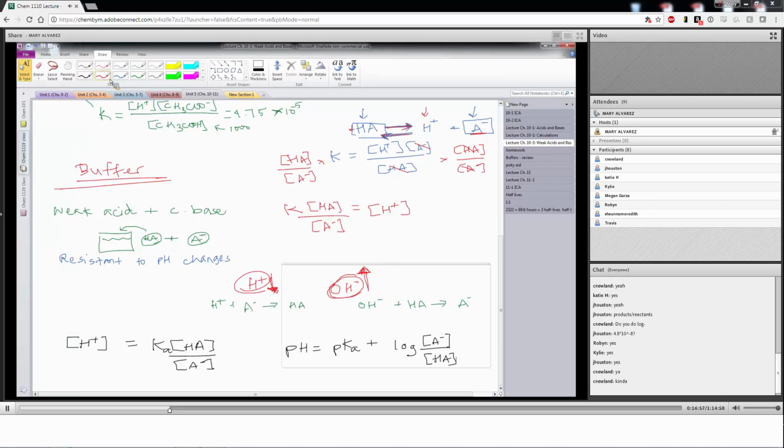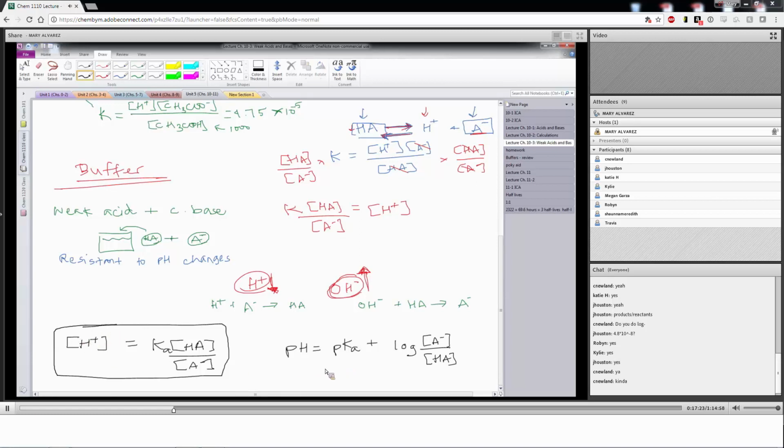Now, on the exam, really either one of these is going to be appropriate, because if you can solve for H plus, then it's trivial to plug that into your minus log of H plus equals pH equation to find your pH. So I'm going to give you this equation on the test, and the problems that I give you are going to be the most useful with this equation.